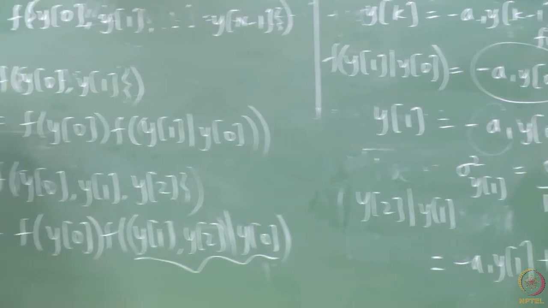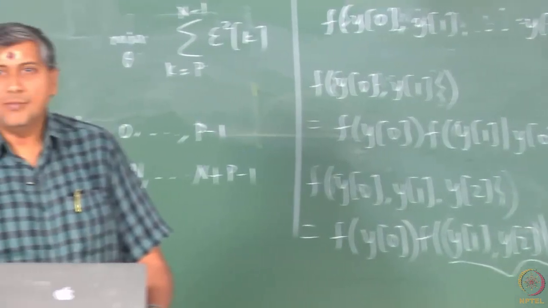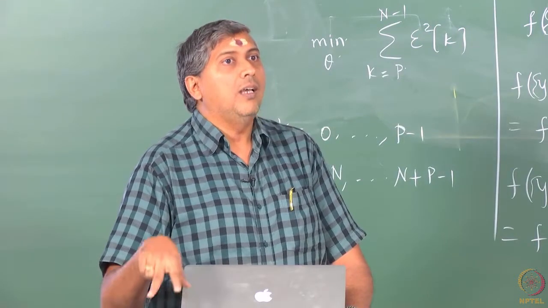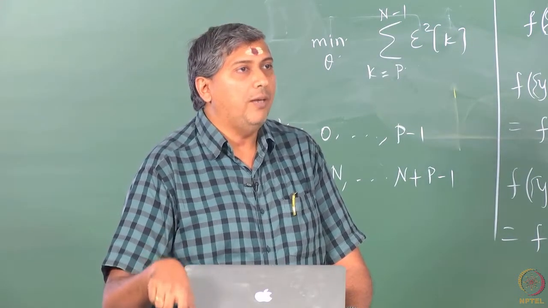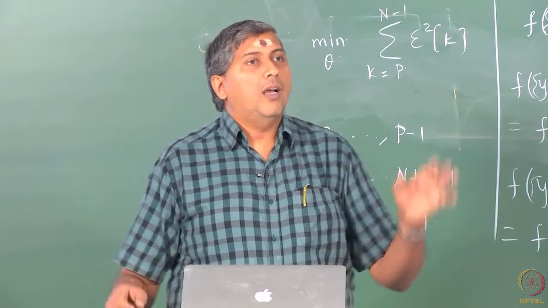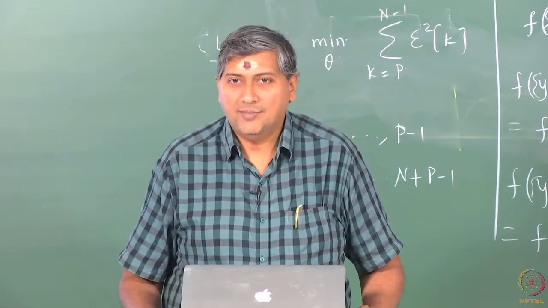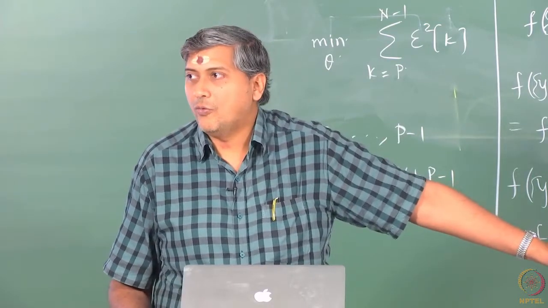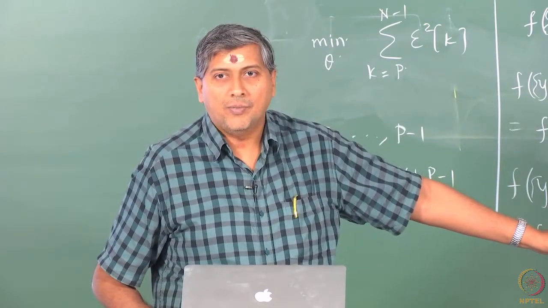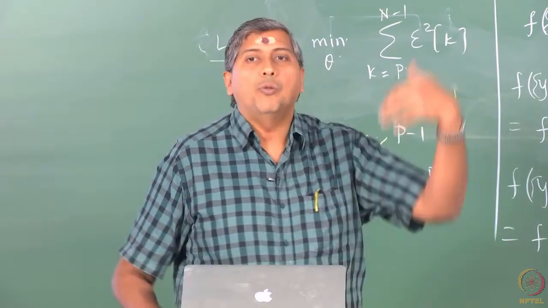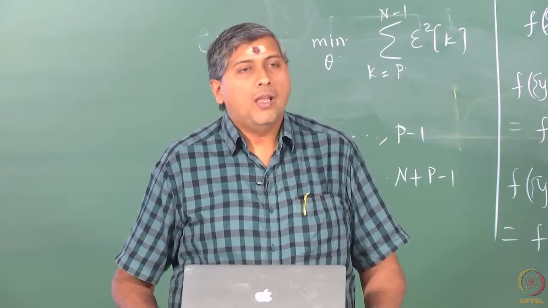If it is AR2, I would require both. That is the definition of an autoregressive process. An autoregressive process of order 1 means that in order to make a prediction of yk, I only need yk minus 1. I do not need the knowledge of y at any other times. If it is AR2, I only need 2 observations in the past to make a prediction.